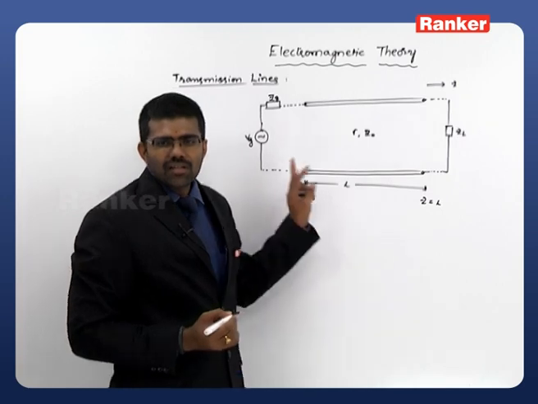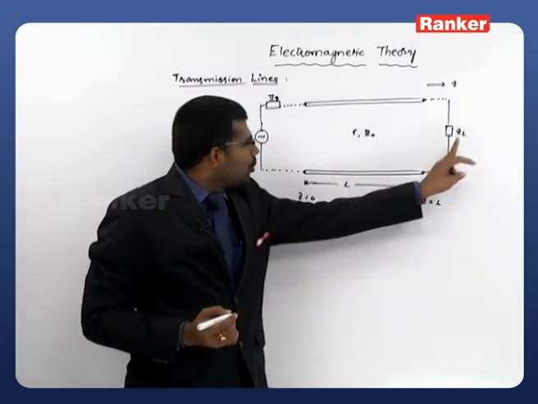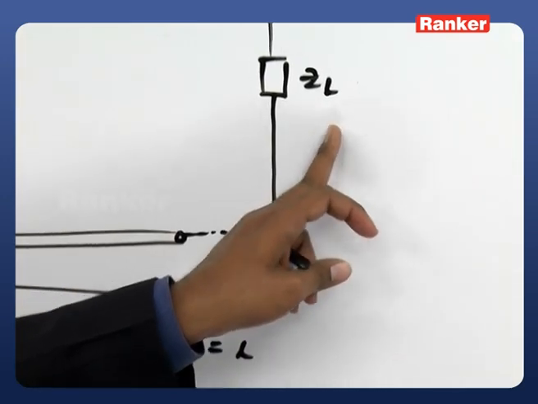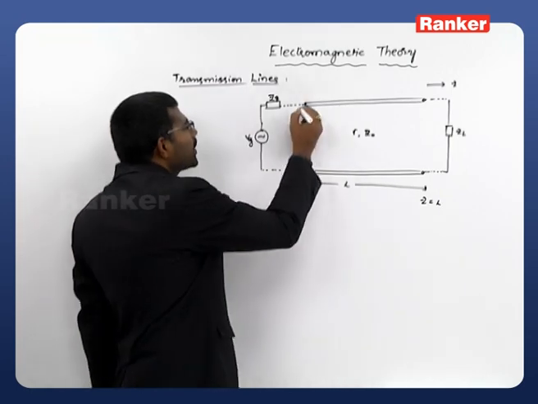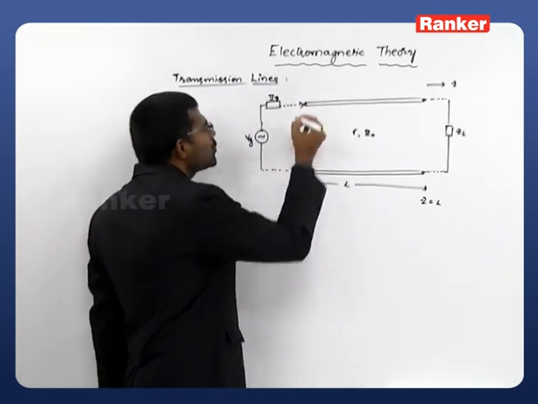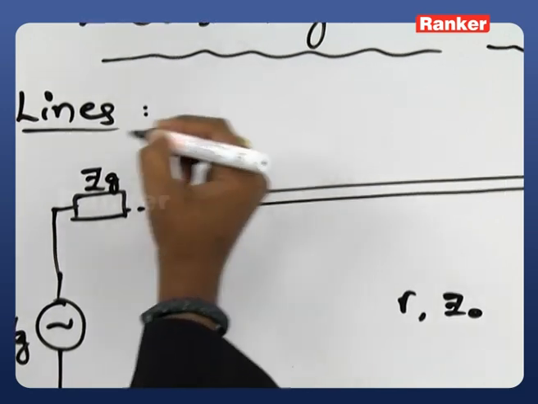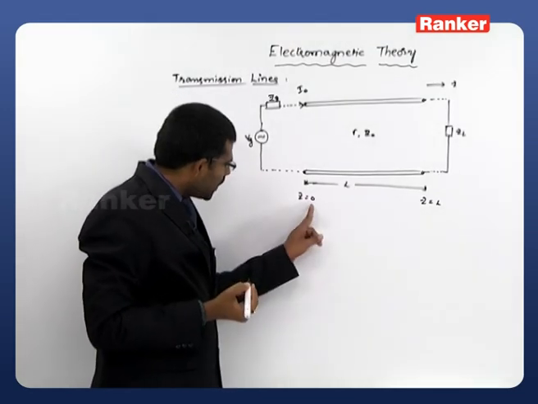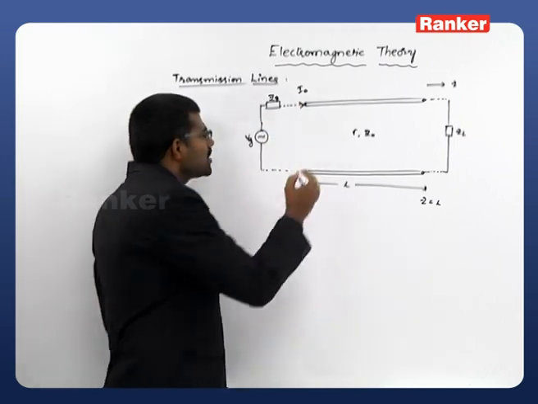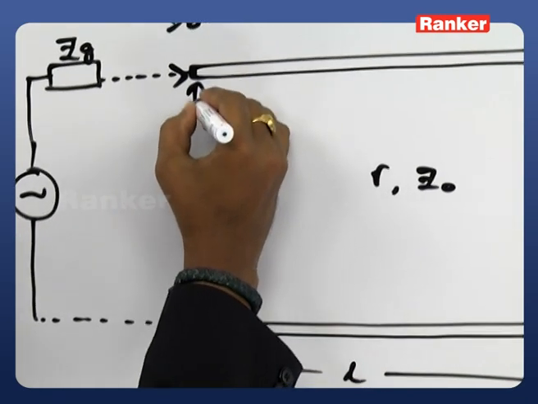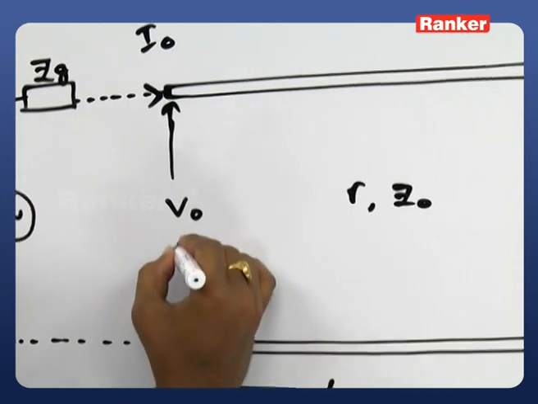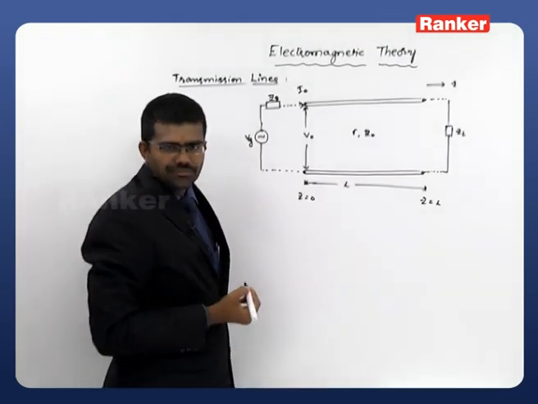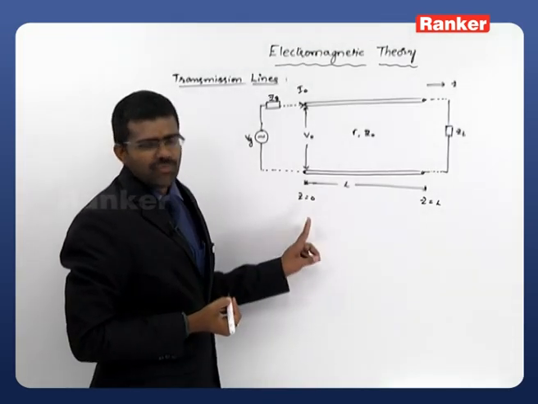So here I am connecting the generator at the input end and the load at the output end, and I require a few more parameters like the input current. At z equals 0, I will assume the current going into the transmission line as I0. Similarly, the voltage exactly at the input may be written as V0 at z equals 0.